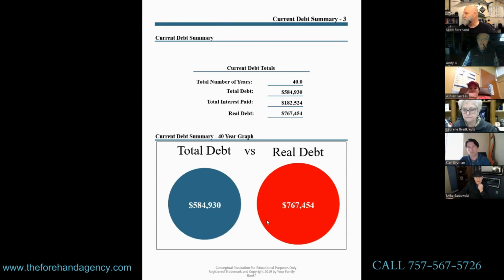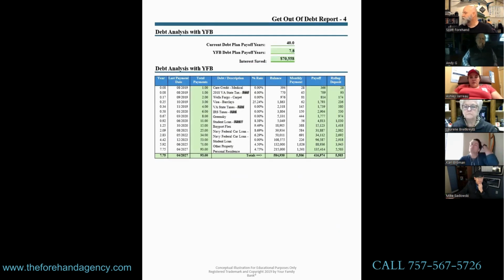That's actually accurate. I just spoke with these people about 3 months ago, and they have actually accelerated their program, and they're just about done after only 5 years. This was the original plan for them, 7.75 years. They have executed the plan flawlessly. As a matter of fact, they actually added in one additional debt.